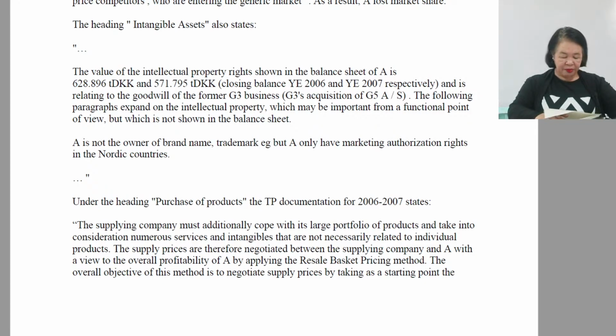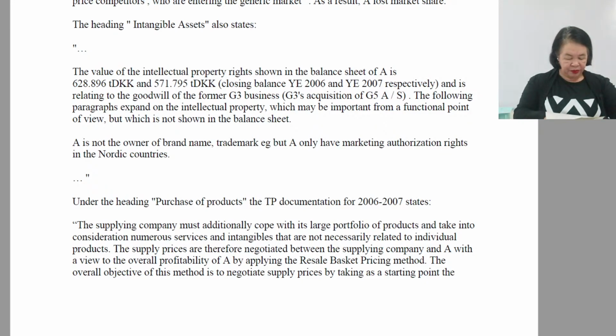The supplying company must additionally cope with its large portfolio of products and take into consideration numerous services and tangibles that are not necessarily related to individual products. No? So the supply prices are therefore negotiated between the supplying company and A with a view to the overall profitability of A by applying the resale basket pricing method.